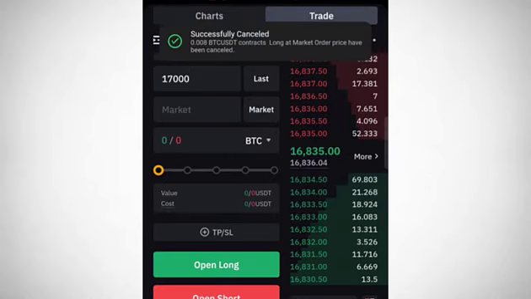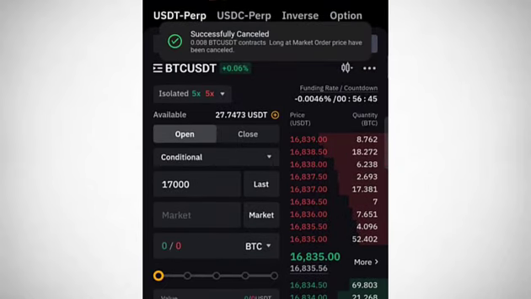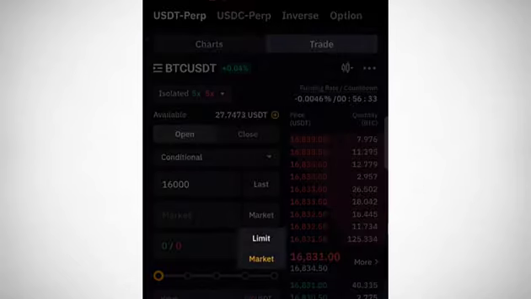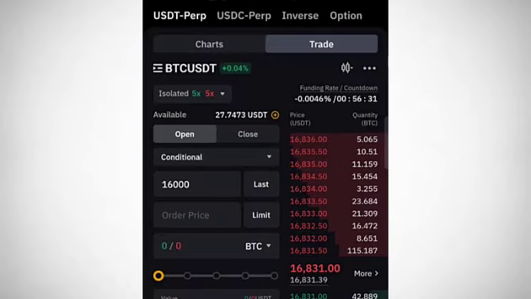Now, to use a conditional order to take a short position, I could say when Bitcoin keeps falling and Bitcoin gets to 16,000, I could use a limit order. I will put 15,950.